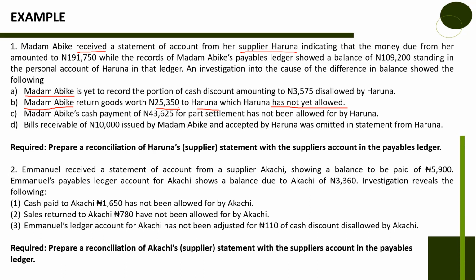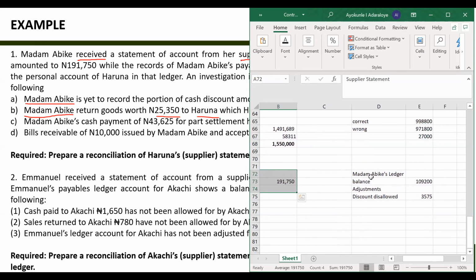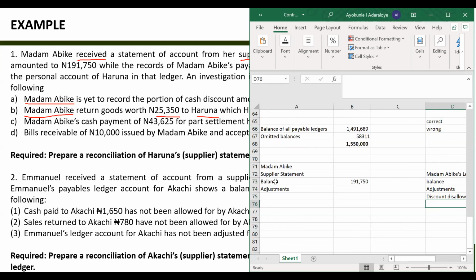Are we doing this from the supplier statement, or are we adjusting it from Madam Abike's ledger? Let's even start from there.